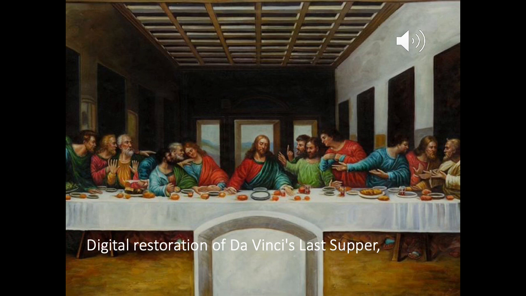Last but not least, this is the digital restoration of the Last Supper. You can see that the ceiling has depth to it. In the original, we don't get to see those recessed coffers, the squares in the ceiling, quite as clearly. You get a very clear understanding of what that woman to the left of Jesus's side looked like.